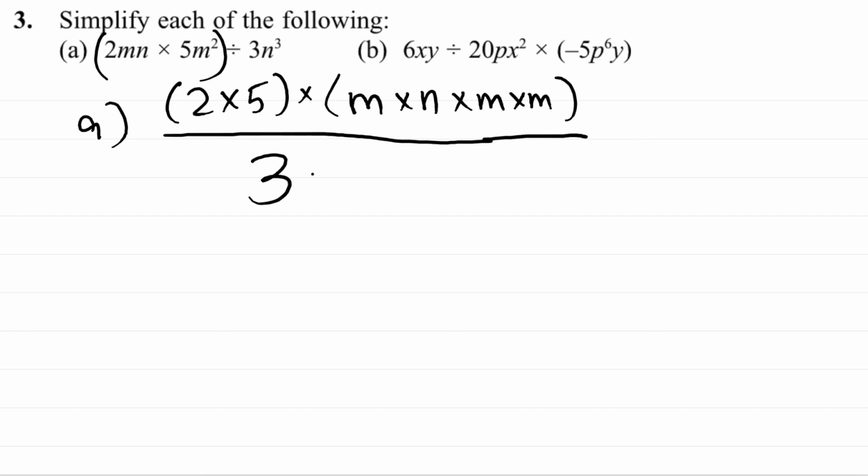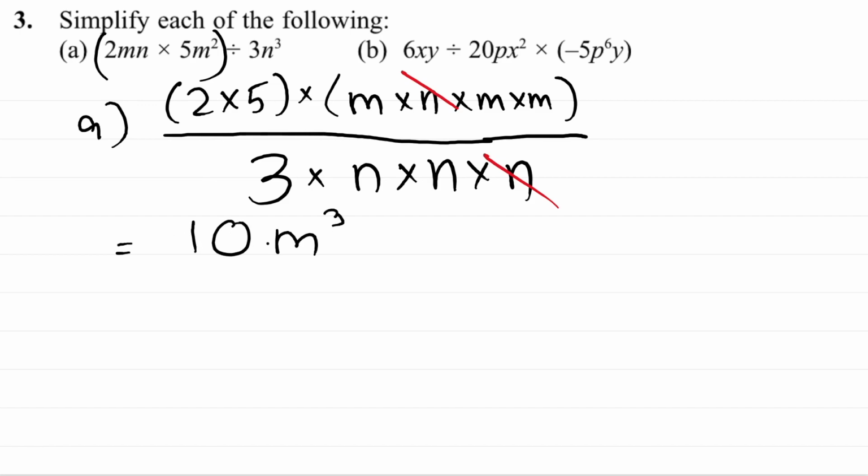Dan dekat bawah ni 3 darab 1, 2, 3. Dan ambil dia punya pen merah ke apa ke, potong 1N, potong 1N saja. Itu je yang ada, betul tak? Okay. So, bila kamu selesaikan, kamu akan dapat kat sini 10 M kuasa 3 over 3 N kuasa 2. Dah siap.